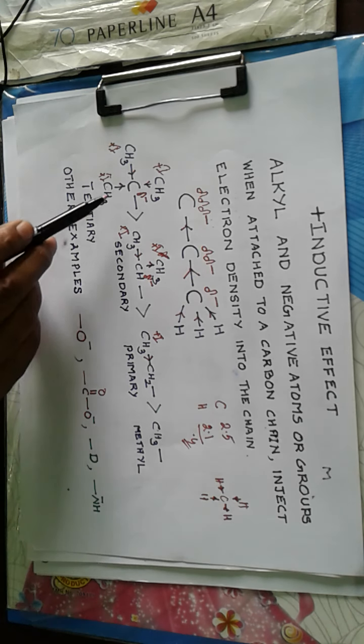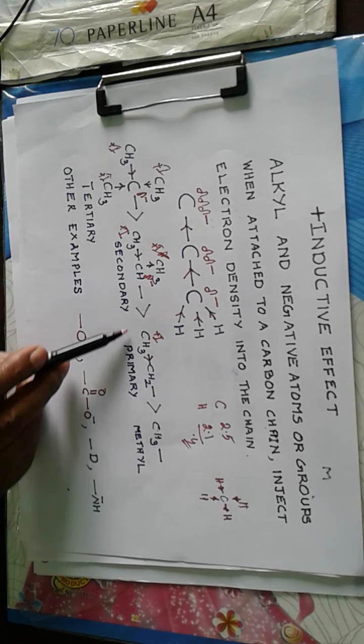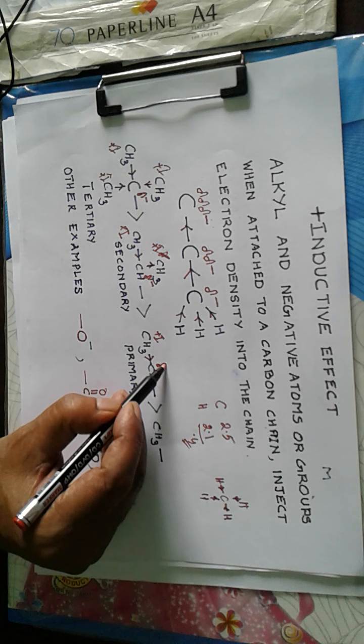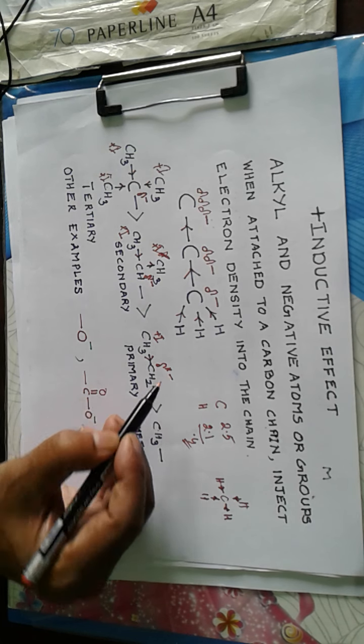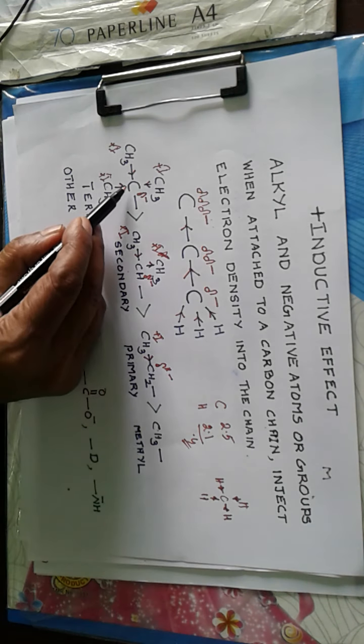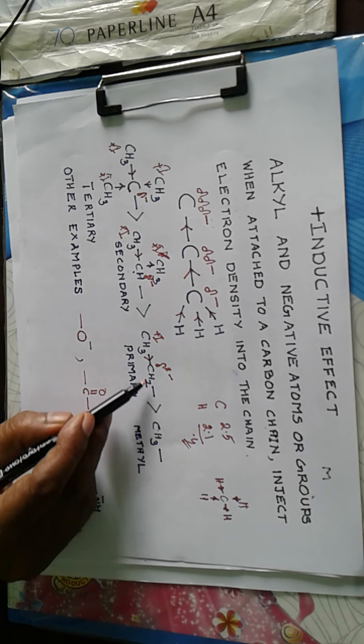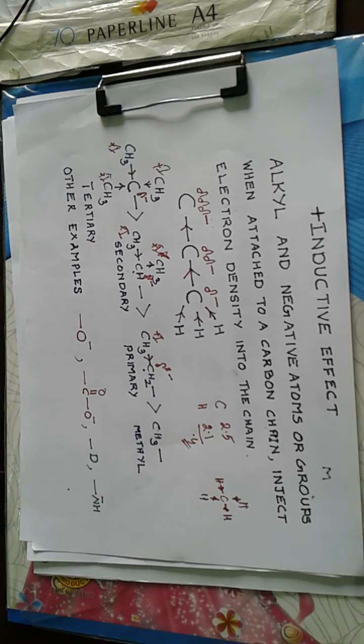So the extent of plus I effect decreases in this order, so that the electron density created at these carbons, the tertiary carbon, secondary carbon, and primary carbon here, will be decreasing.